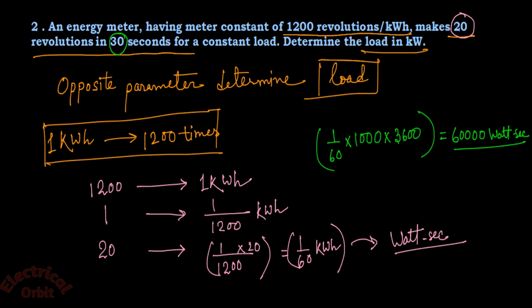If we want to determine only the value of watt or the load, then we have to divide it by the number of seconds. Then the seconds will cancel out and we will get only the wattage.